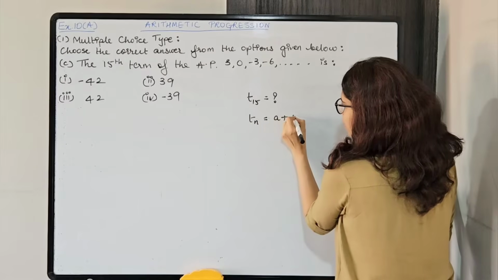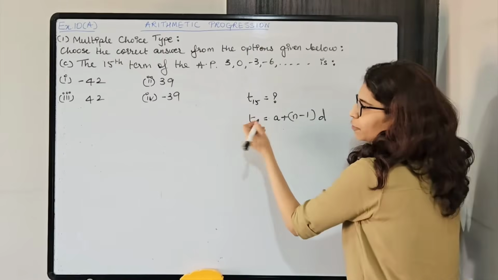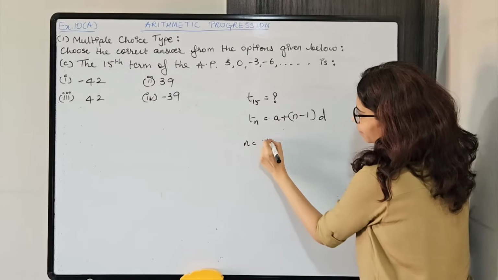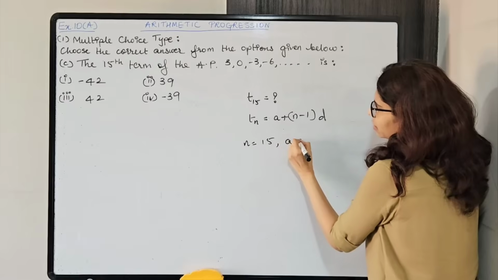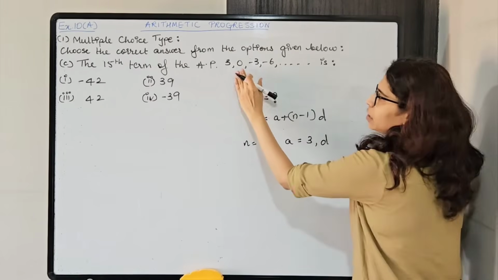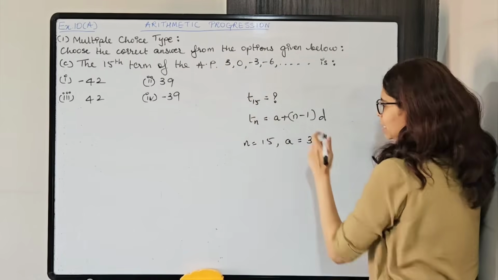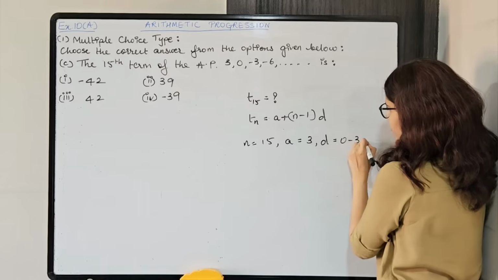It is A plus n minus 1 into D. Here n is 15. A is 3, the first term, and we will find D. D will be the difference of the consecutive terms, that is succeeding minus preceding. So 0 minus 3, so minus 3.